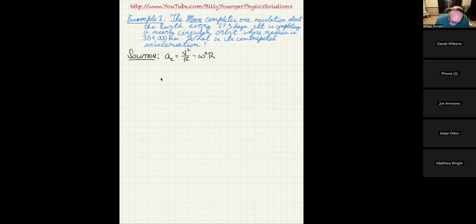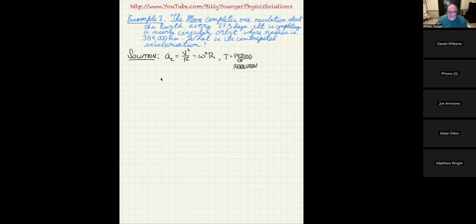When it says the moon completes one revolution about the Earth every 27.3 days, that means that T, which is the period of revolution, notice I'm saying revolution, which is different from rotation.